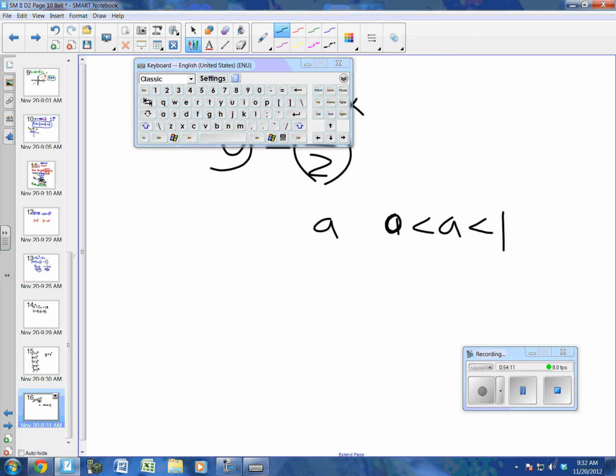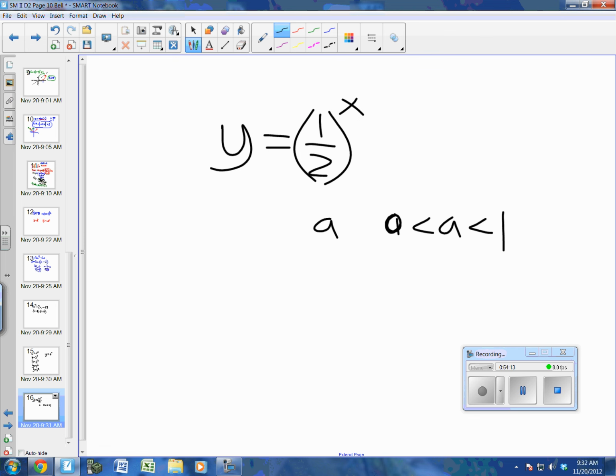Remember, though, I could have written this as 2 to the negative x power. Do you remember that? Because a negative exponent is just going to say take the reciprocal of that number right there. If A is greater than 1, then it's what? Growth. Do you remember that?